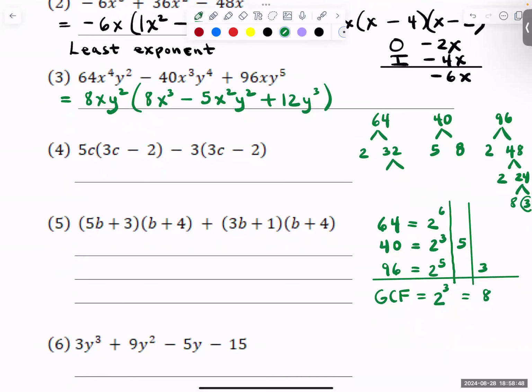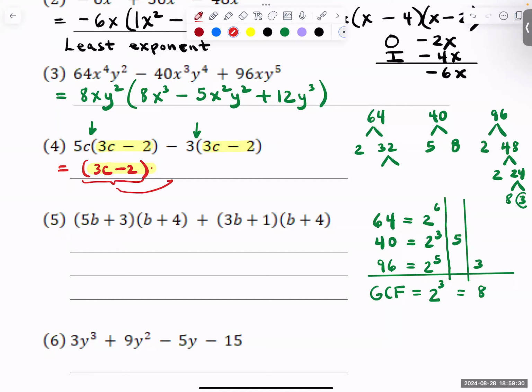So this is 3c minus 2, which is going to multiply and be distributed times 5c to make the first product. And then 3c minus 2 distributes and multiplies times a minus 3 to make the second product.